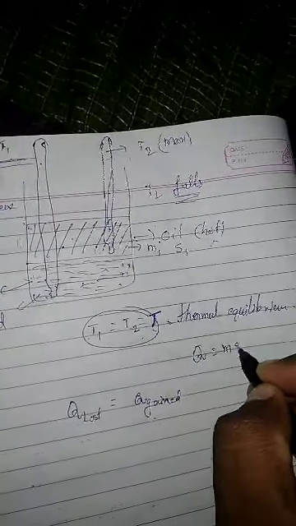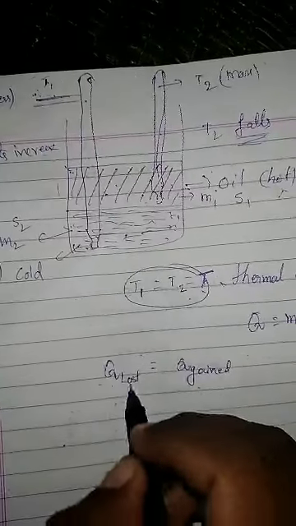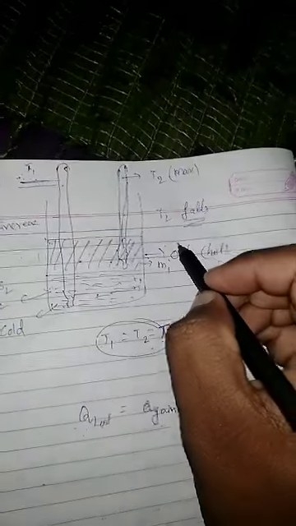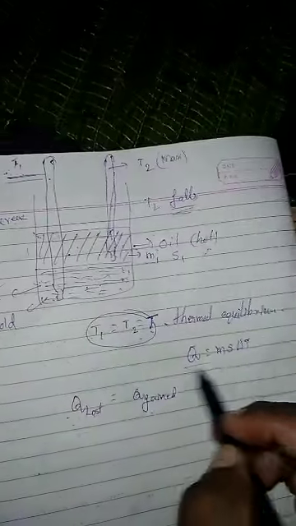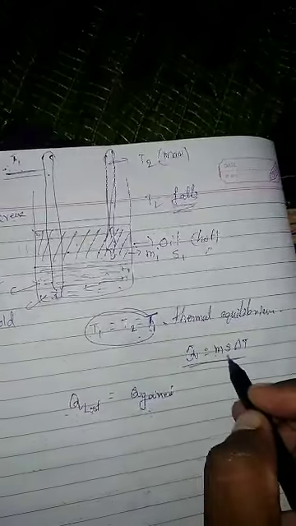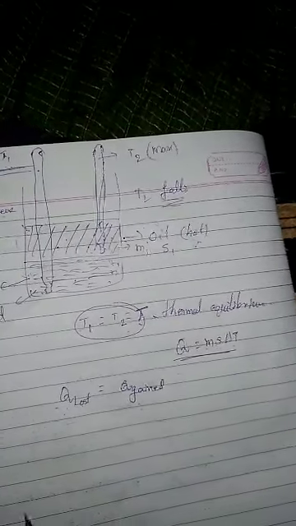To measure heat, we have a formula: Q is equal to m s delta T. First we calculate lost heat. Lost heat is in the oil. So for the oil measurements, we need to substitute mass, specific heat, and change in temperature.